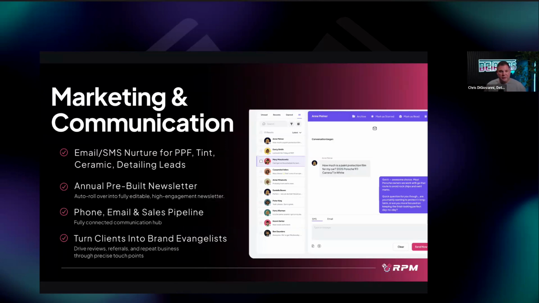This is fully built out software with messaging for almost every scenario. Not everything, but quite a bit. You can call through the system, you can email, you can do the sales pipeline, and the whole goal is to turn your clients into brand evangelists. People can see that front-loaded, high communication, whether you're actually working on a car or not. There are some automatic natures to the system, and I'll walk through that.